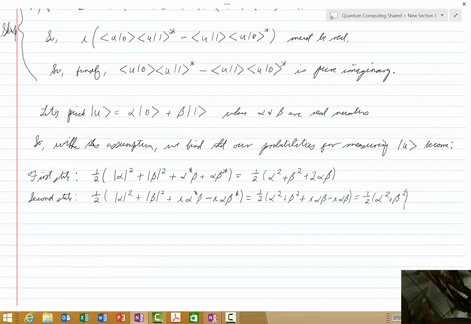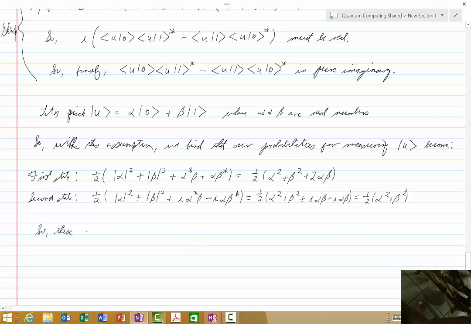And therefore, we see that, in fact, we can pick. So, well, remember now, what we're wanting is for these two probabilities to be different.